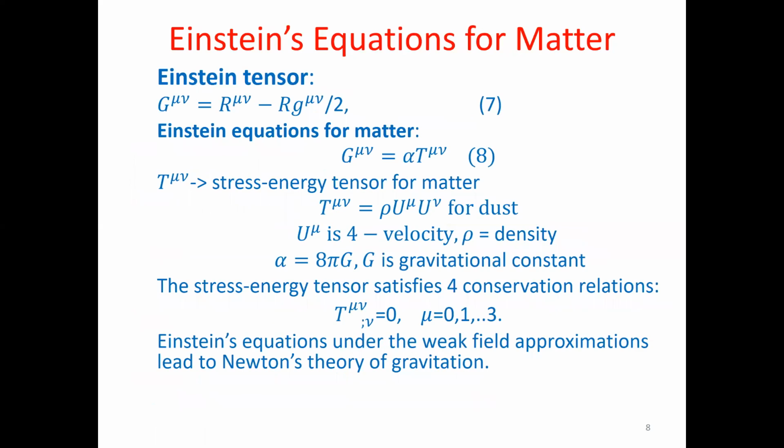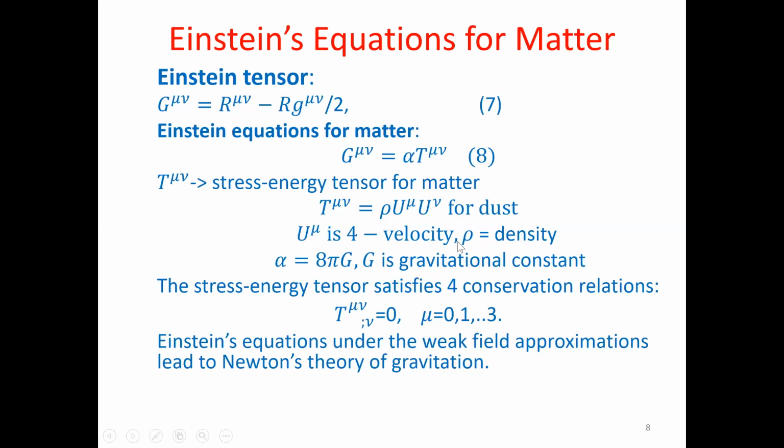Let me quickly review Einstein's equations for matter. This G here is the Einstein tensor, this R is the Ricci tensor, this is the Ricci scalar, and g is the metric tensor. Einstein's equations for matter is G is alpha times T. Here T is the stress energy tensor for matter, which is given by this expression here.